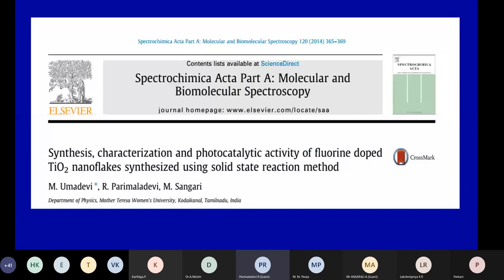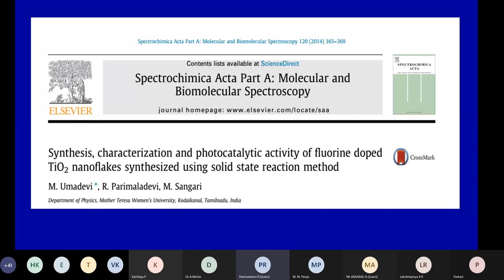Titanium oxide is one of the functional semiconductor metal oxides that performs with high efficiency in photocatalytic activity because of non-toxicity, excellent energy conversion efficiency and long-term chemical stability.